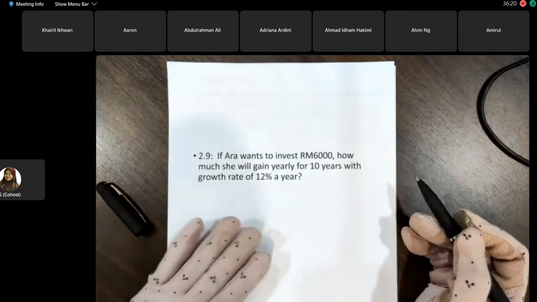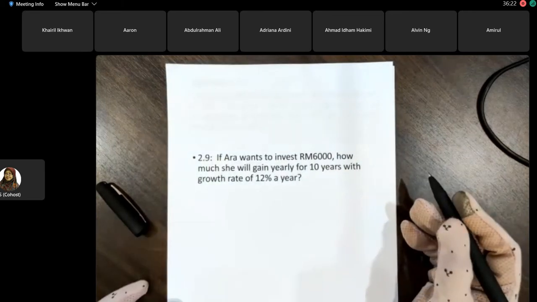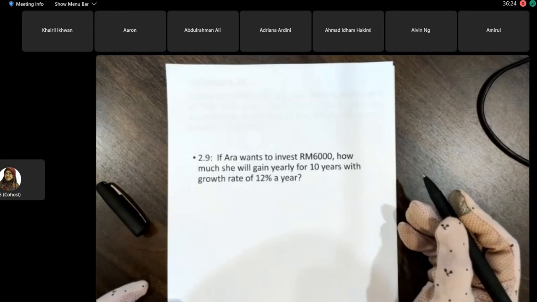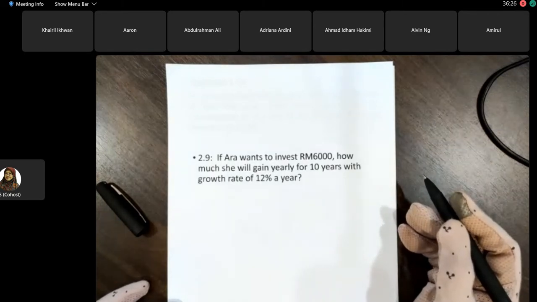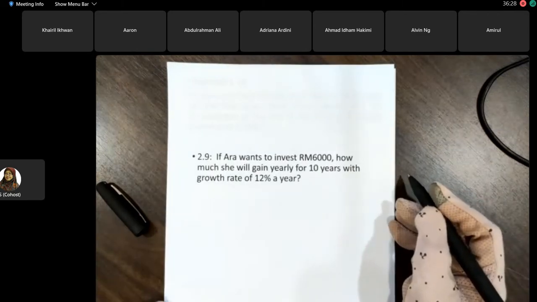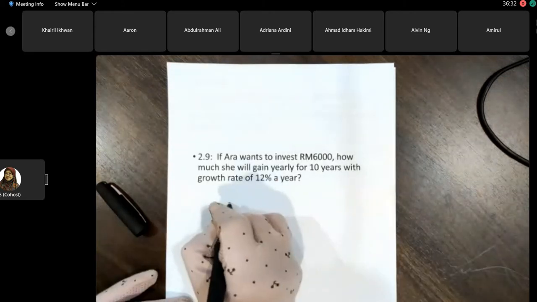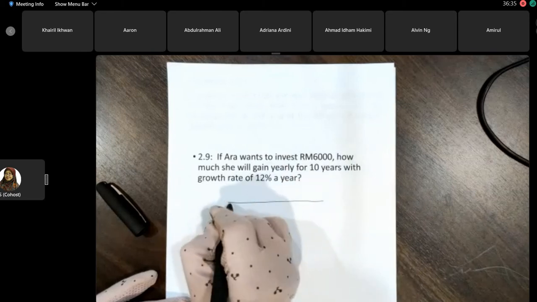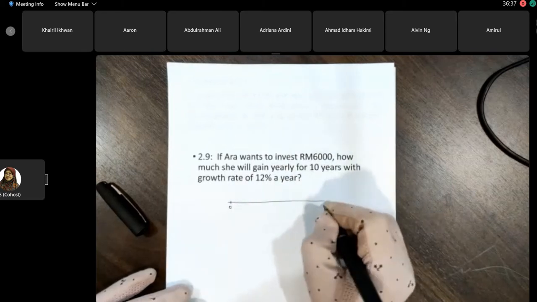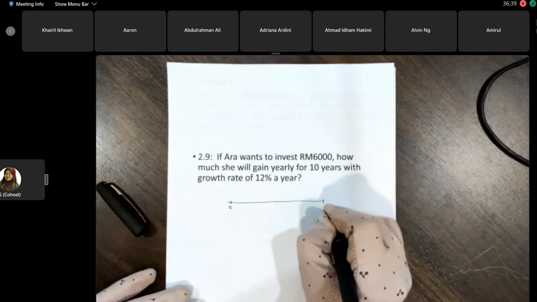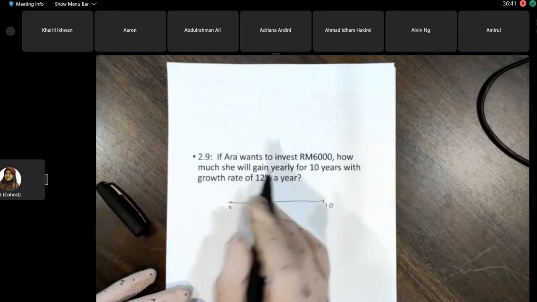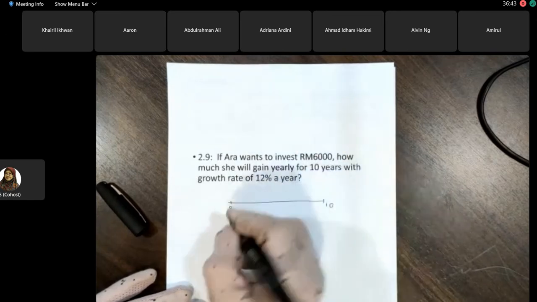So actually what do you want to find out? What does she want to find out? Okay, you draw the time scale until 10 years. Ara wants to invest 6,000 ringgit now.